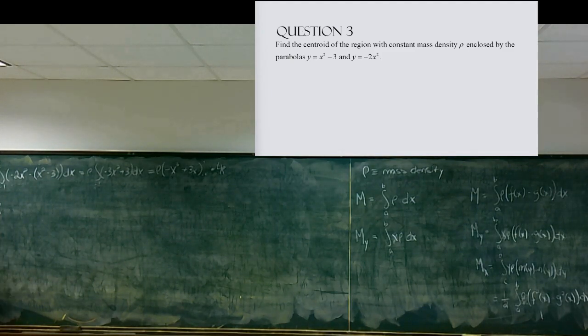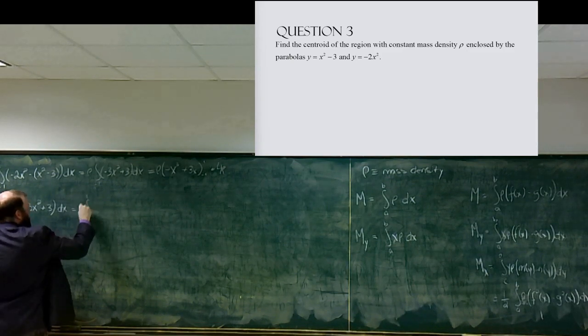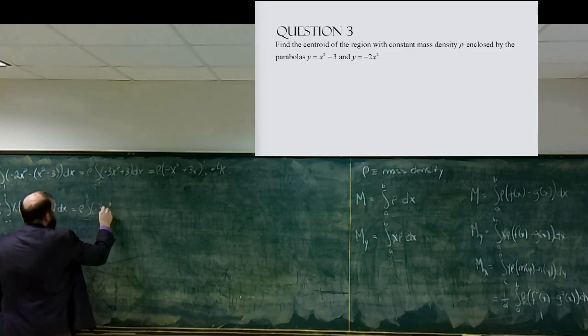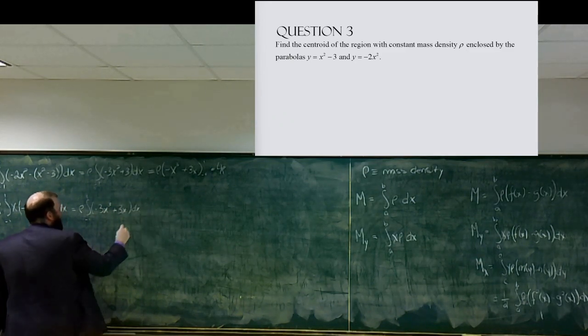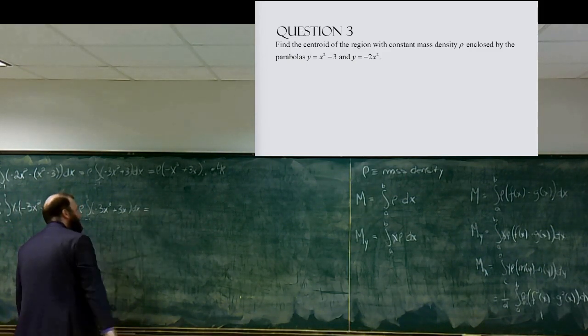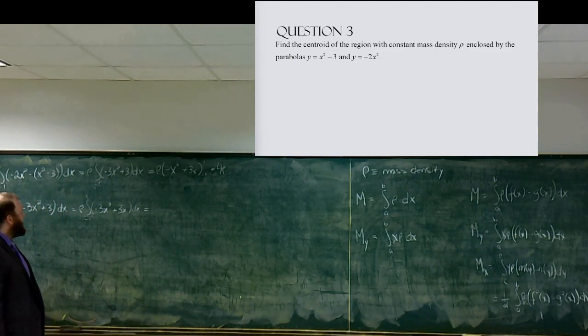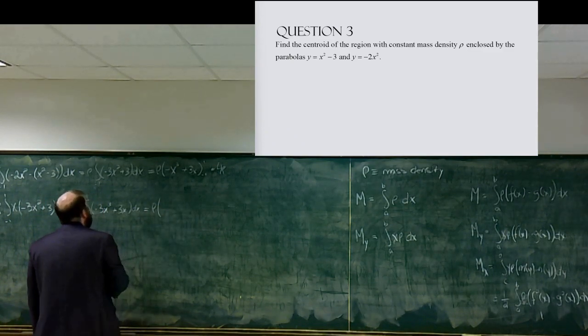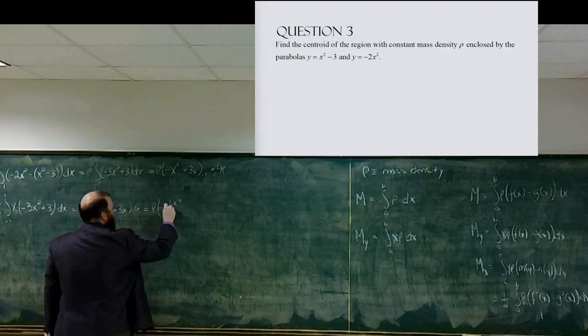Y moment. Rho times the integral, minus 1 to 1, of x times negative 3x squared plus 3. 3x to the 4th over 4, right?